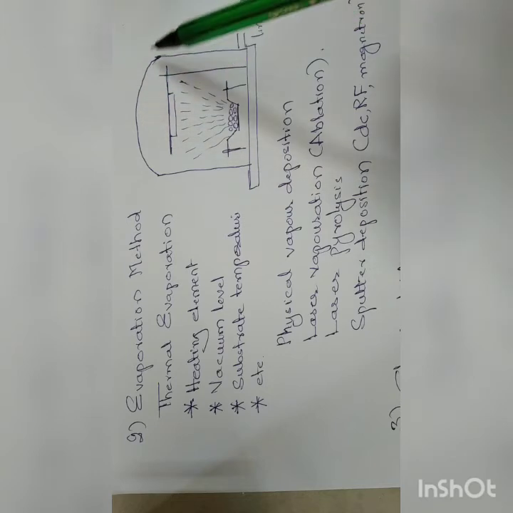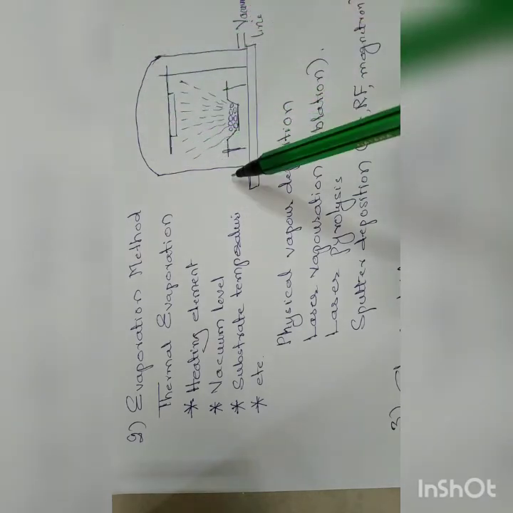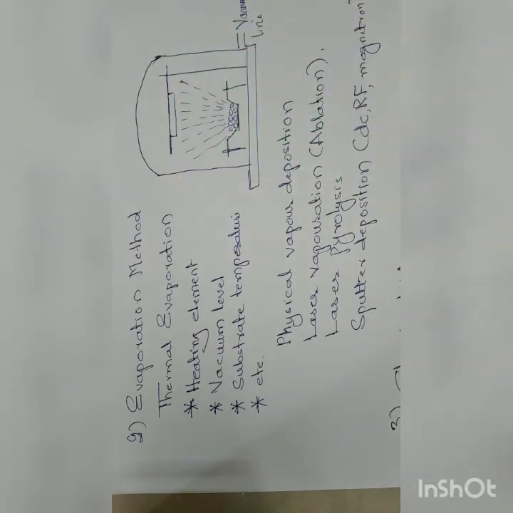Therefore, you should have a solid base like this, and then there is a vacuum chamber. What you see here is a chamber. Either it is made of metal or of glass. Since glass is fragile, modern techniques use metallic jars, and to these jars certain windows are fitted so that you can observe from outside what is happening inside, whether everything is all right or not.